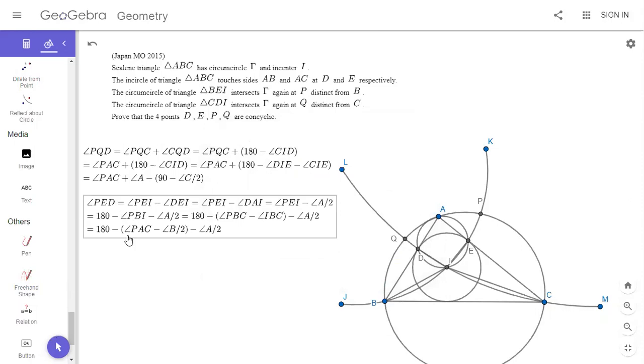And then, yeah, some sign is flipped somewhere. Let's see, where did I put the sign? Oh, no, because we wanted to show one of them is 180 minus the other.